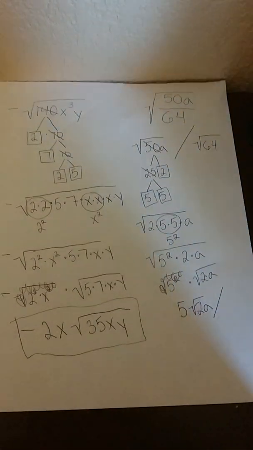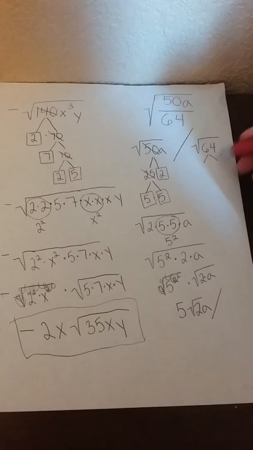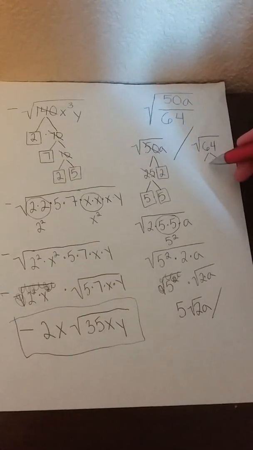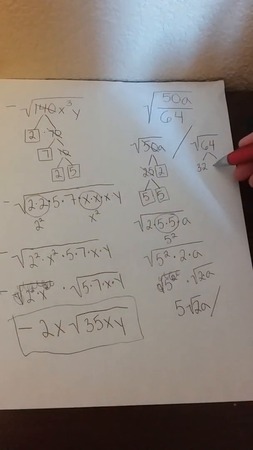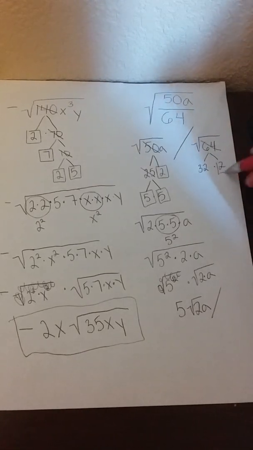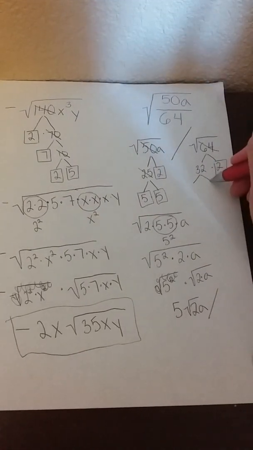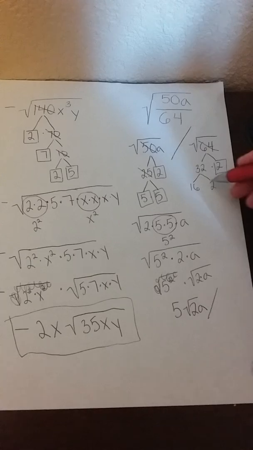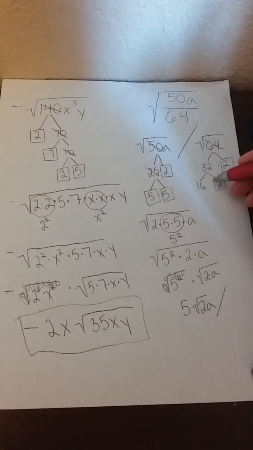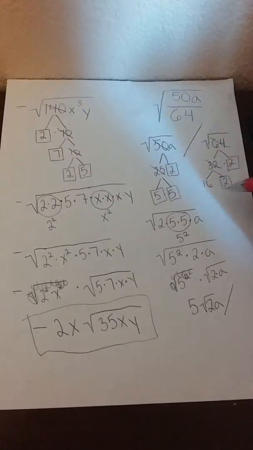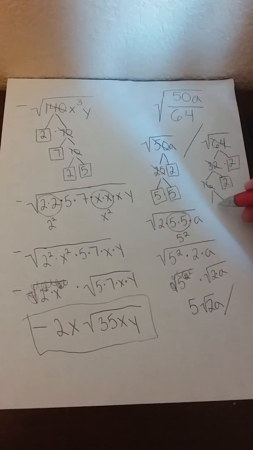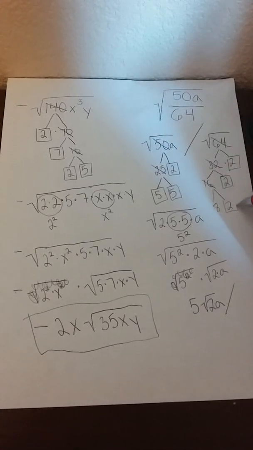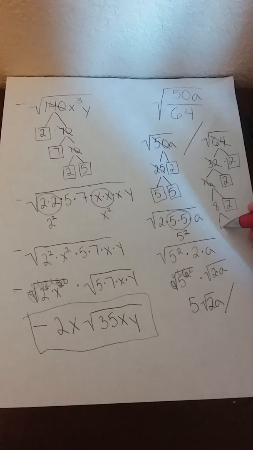Looking at 64, square root of 64, I know 64 is 32 times 2. 32 is 16 times 2. 16 is 8 times 2. 8 is 4 times 2.